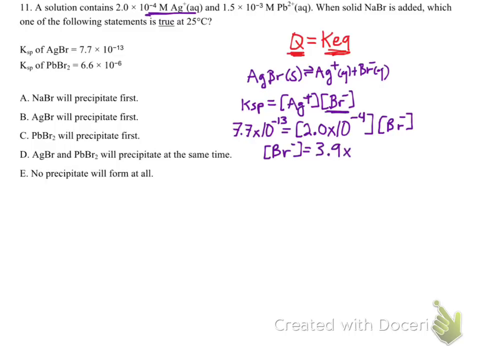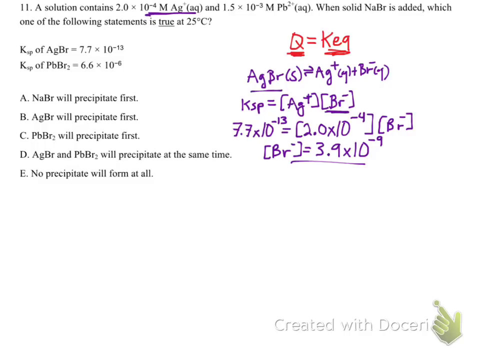So what that means is, once we add in this concentration of bromide, the solution will be at equilibrium. It'll be at saturation, and any more will cause the silver bromide to crash out of the solution.